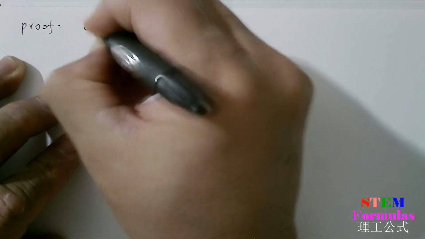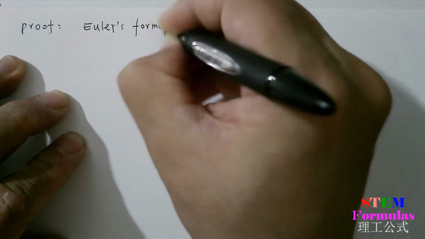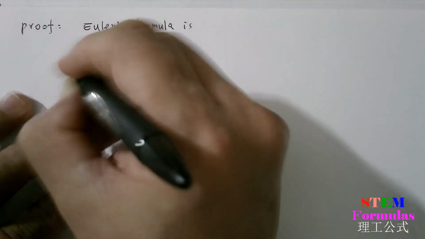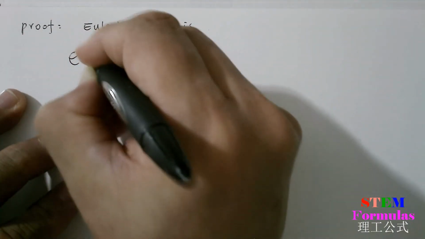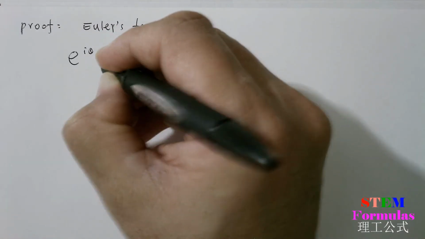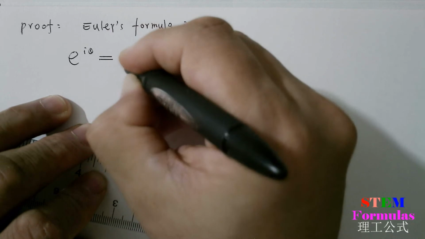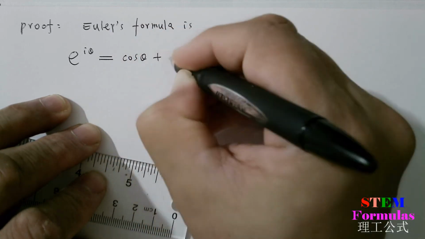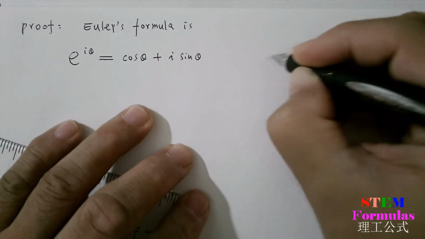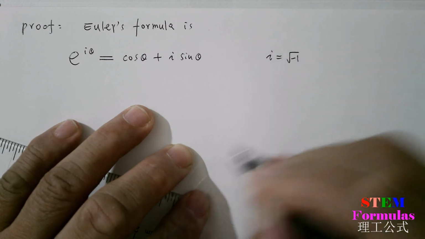Euler's formula is e to the I theta equals cosine theta plus I sine theta, and I is defined as square root of minus 1.